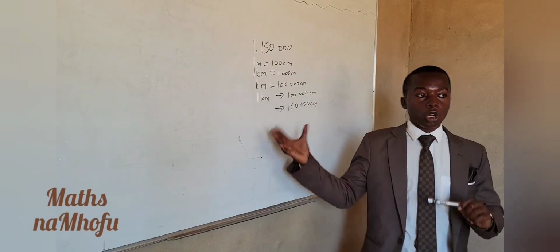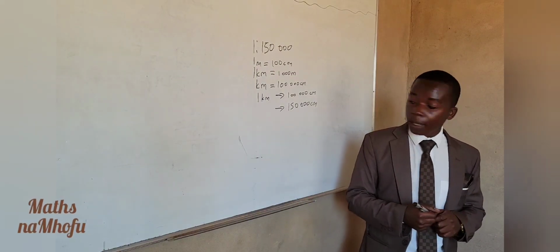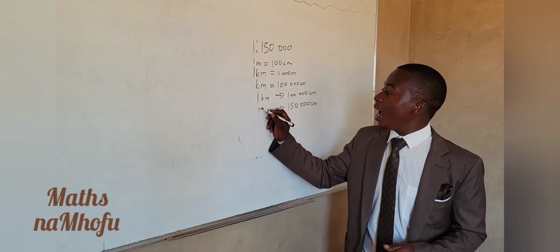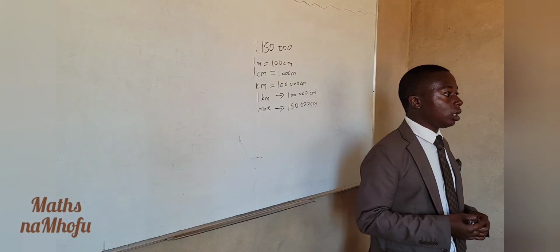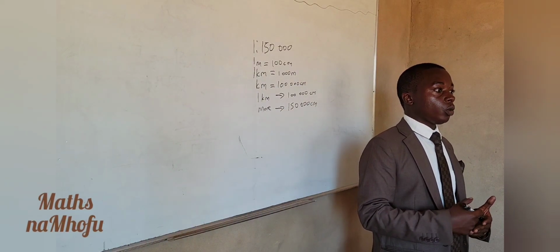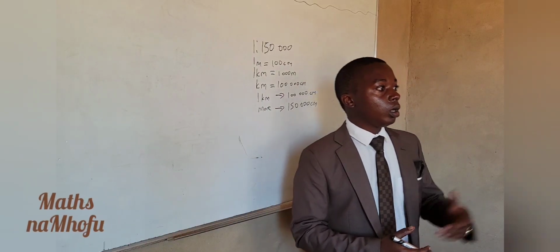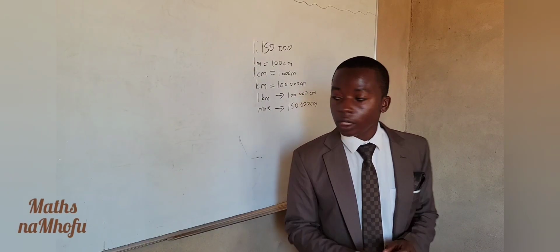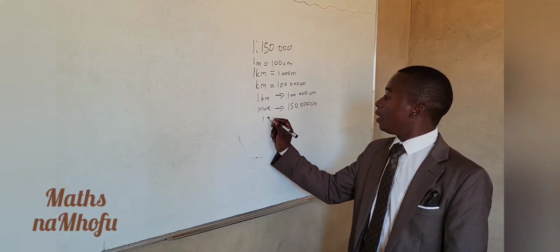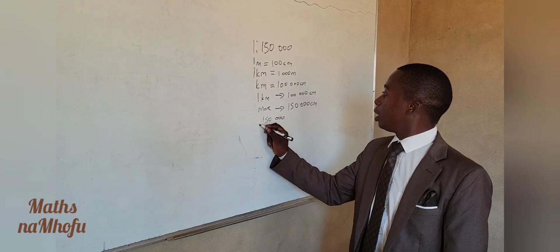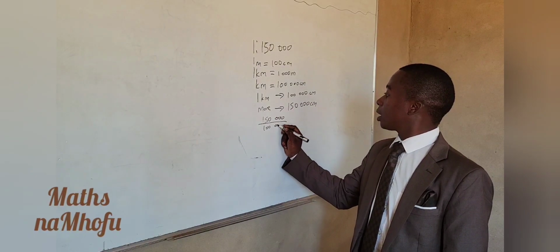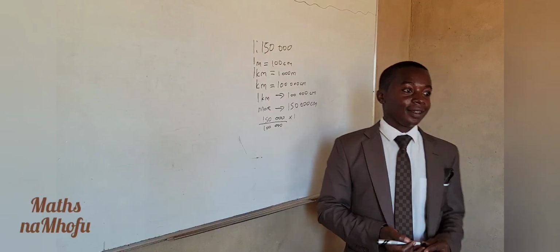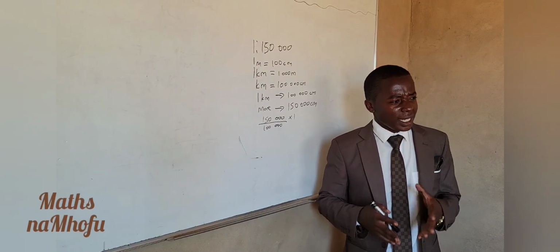What do we do? More or less? Yes, more. So if we're having more, what kind of fraction do we use? Improper fraction. So 150,000 over 100,000 times 1. Are you understanding what we are doing?